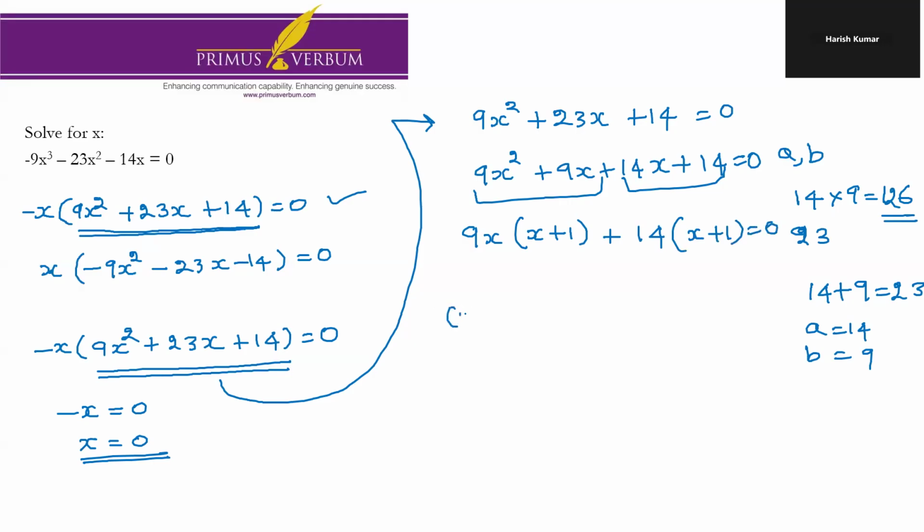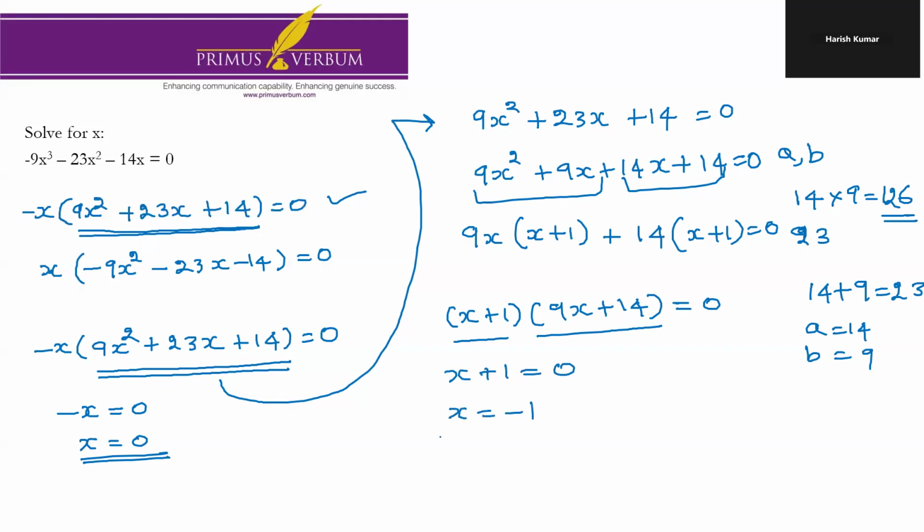So again, I can extract x plus 1 outside, and I'll be left with x plus 1 into 9x plus 14 equal to 0. I get these two linear factors multiplied between themselves, giving me 0.